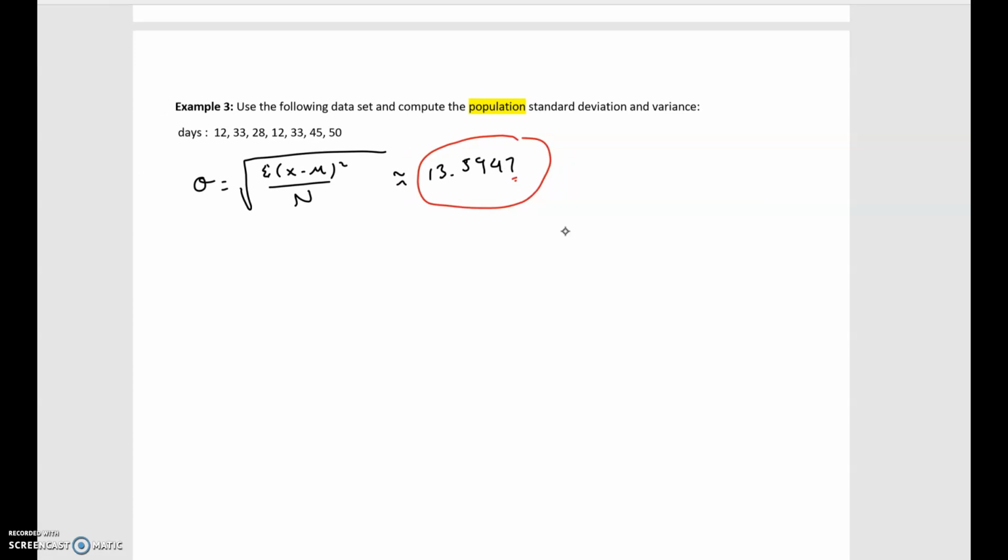And then for the variance, in this case, this is going to be sigma squared. You're just going to do the sum of x minus mu squared divided by n, or technically 13.5947 squared, and evaluate that, and we'll compare answers.